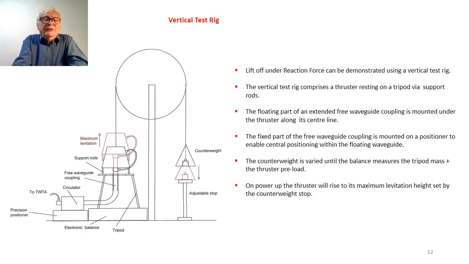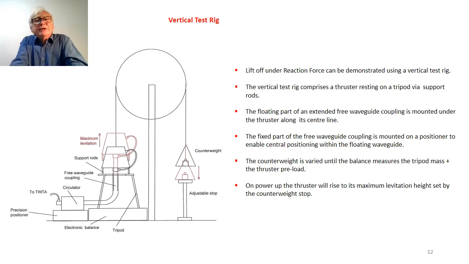It does have another very useful aspect, this vertical test rig, and that is when you're working on superconducting thrusters, basically to develop a launch vehicle, you need to verify the effects of Doppler shift under acceleration.